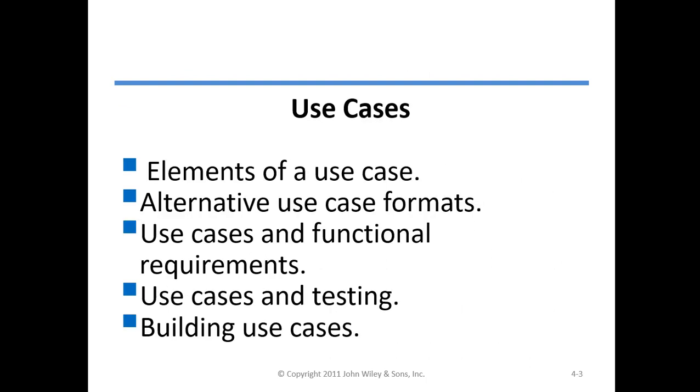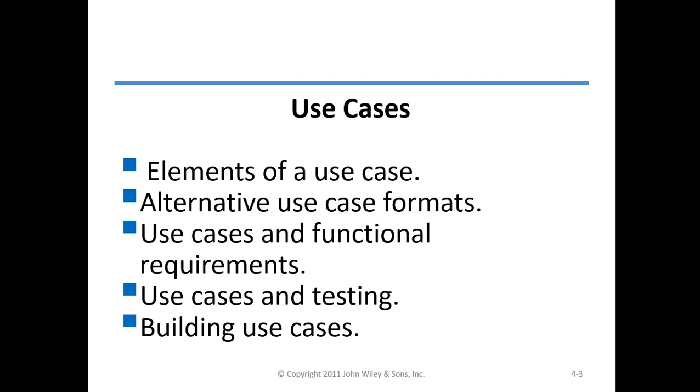So what are the different elements of the use cases? Each use case comprises different elements, with alternative use case formats, use cases and functional requirements, use cases and testing, and finally building use cases.